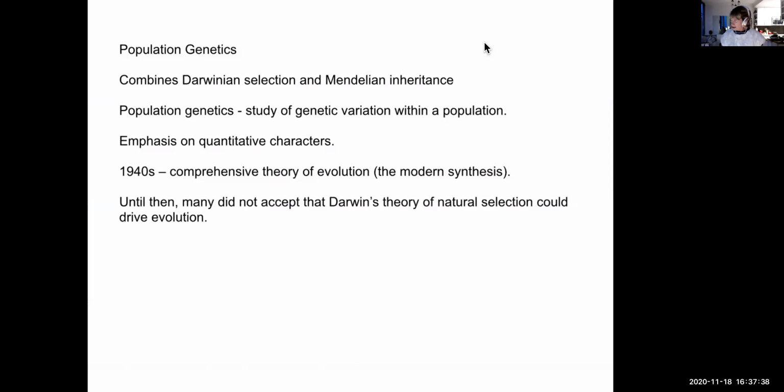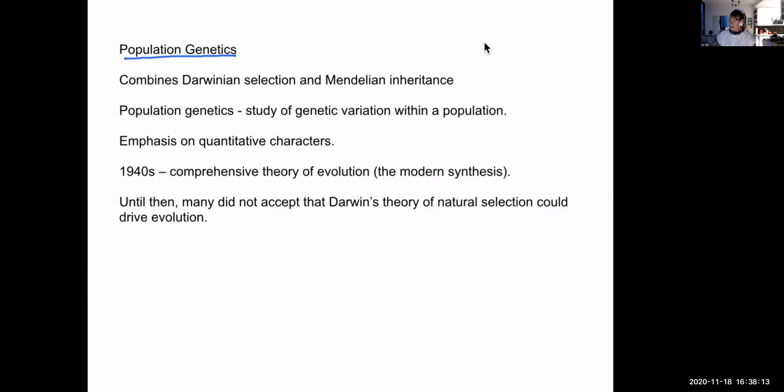So population genetics, which is what we're talking about now, and we've already looked at population genetics up to now when we studied Mendel. So Mendel and inheritance, that's what population genetics is. When you study genetics, we study it at two levels. This is a broader level, population genetics, and then we might look at it at a molecular level, molecular genetics, and we'll do that next term.